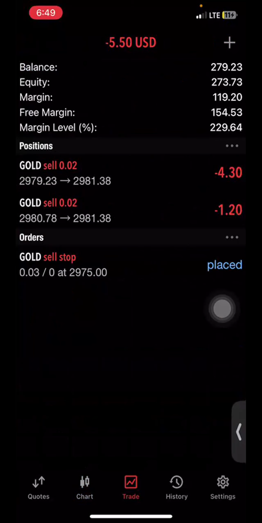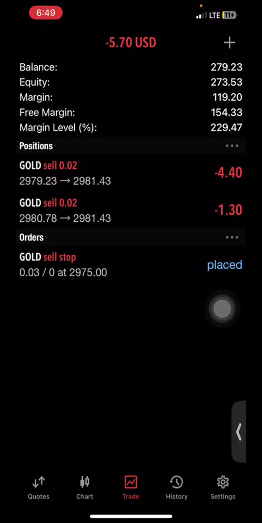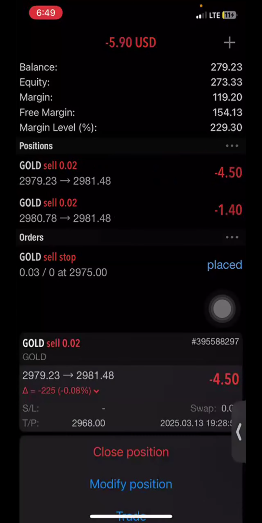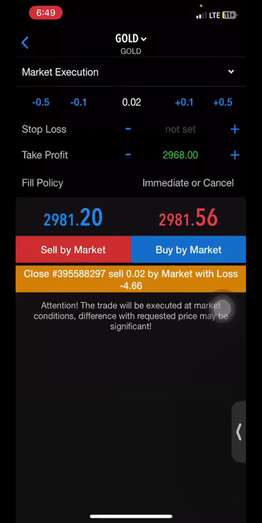You just have this one at the top here. You don't have this second one. It's just this one, and it's 0.02, right? You want to close partial. What you need to do is tap on it. Close position. You see at the bottom, they said close sell 0.0.